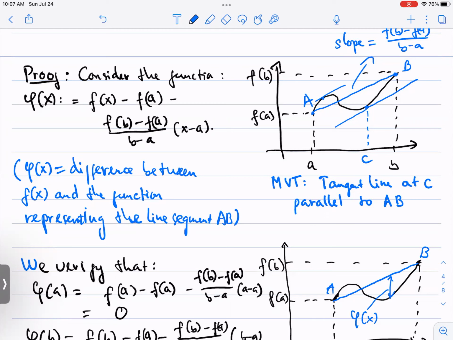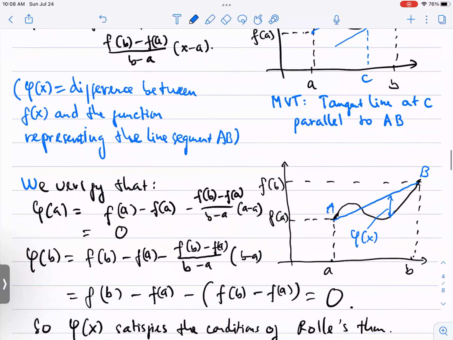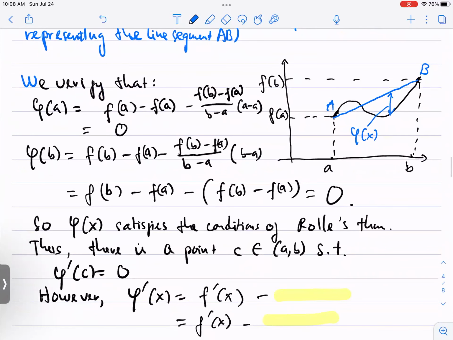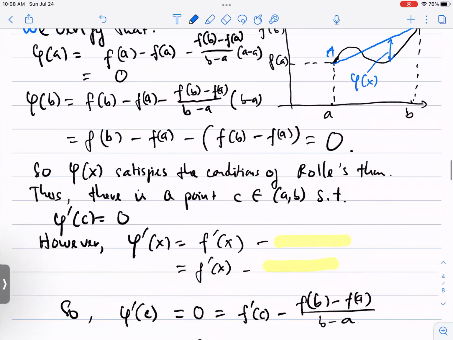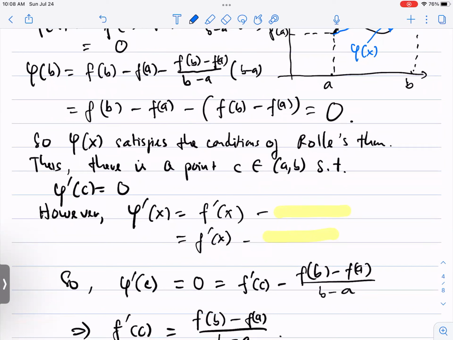So phi of x here is essentially the difference between the function f of x and the function representing the line segment AB. So it measures the distance from the function f of x to this line segment. We verify that phi of a and phi of b are equal to 0. So phi satisfies the condition of Rolle's theorem. Thus there is a point C within this interval such that phi prime of C is equal to 0.